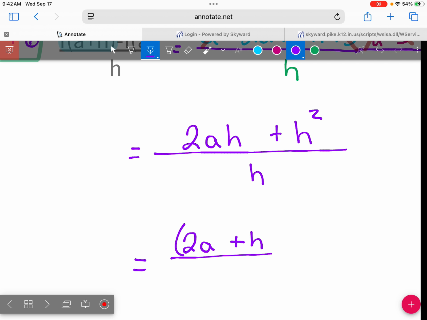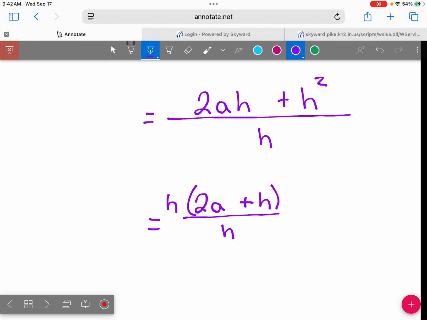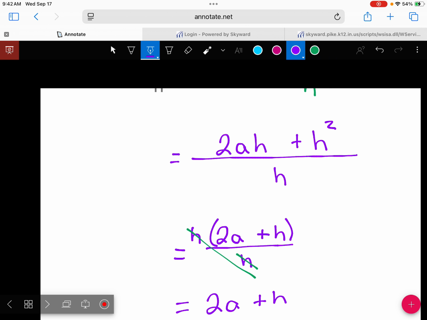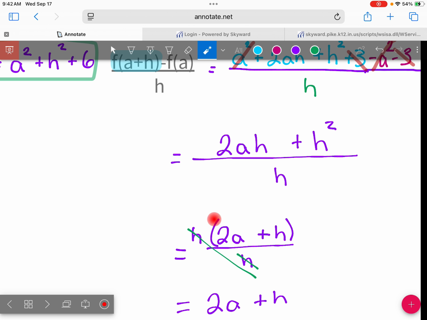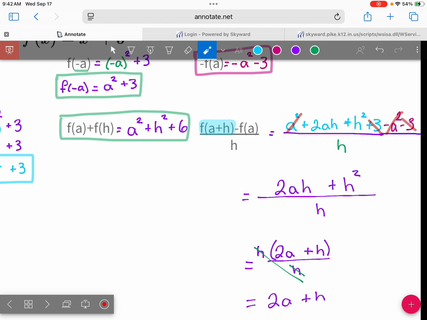If it helps, think of this as factoring out a GCF of h over h so that they cancel, so that our answer is just this 2a plus h. If it helps you to write it as factoring out h to then cancel, that is totally valid. Just make sure we take the h out of both of the pieces here. This is what our piece here is. Okay?